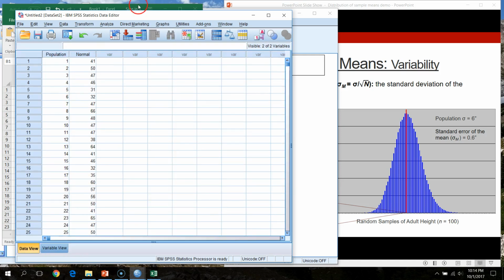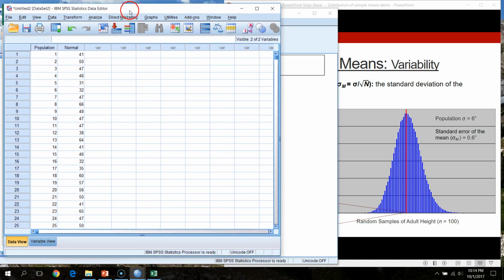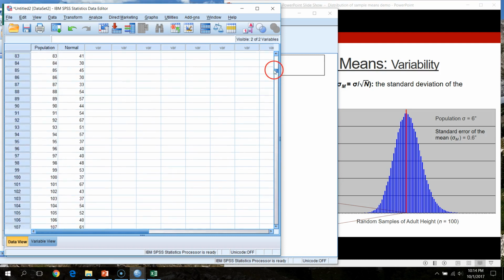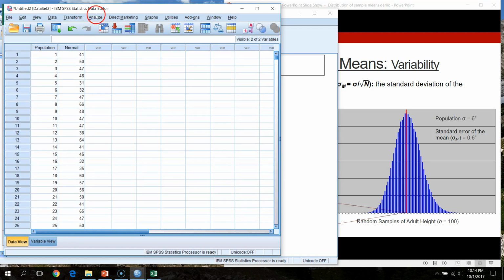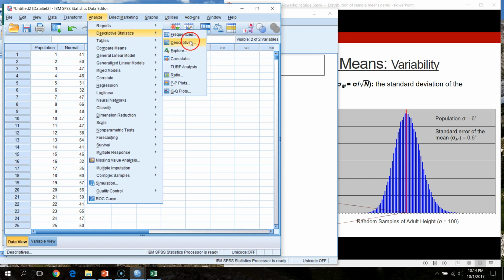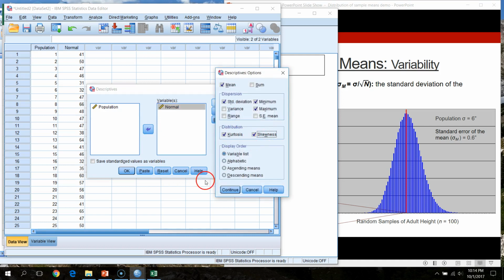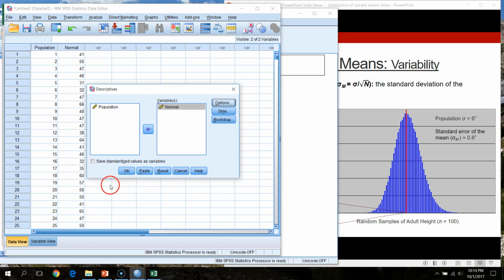So what I have now is a population of 1,000 scores, and this is everybody in the universe I'm interested in. If SPSS has done this correctly, my normal variable should have a mean of 50, a standard deviation of about 10, with very little skew or kurtosis.